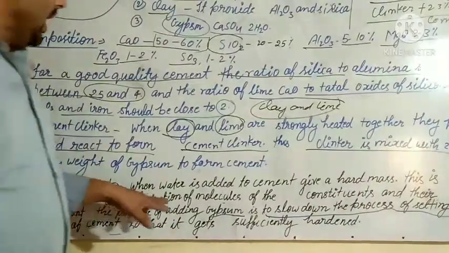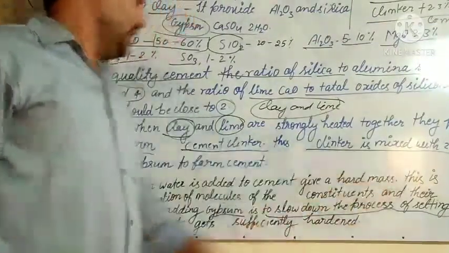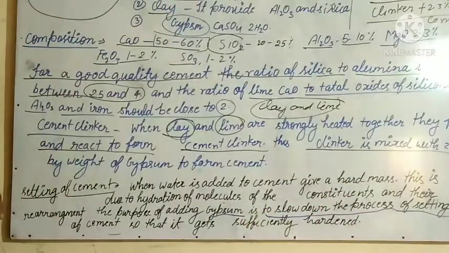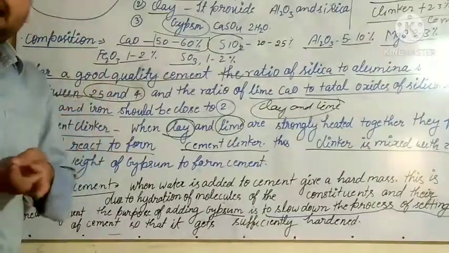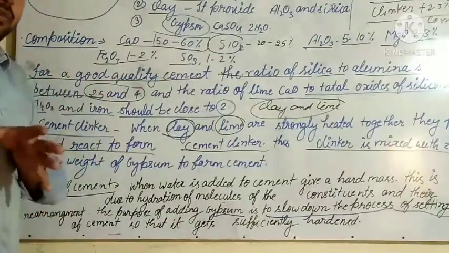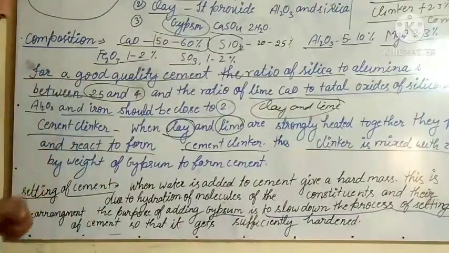Due to hydration of molecules of constituent and their rearrangement. Means when we add water, their constituent particles are hydrated and they rearrange themselves. Because of that, hardness is taking place.